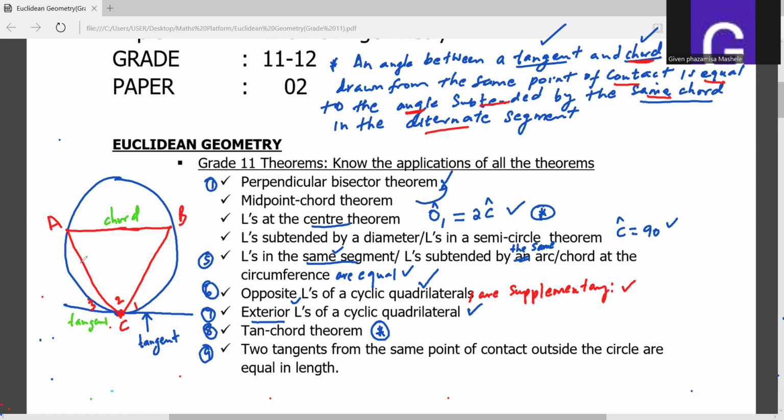Even AC is also a chord. Even BC is also a chord. Let us go through the theorem. It says an angle between a tangent and a chord. Let's trace the angles that are between a tangent and a chord there. Tell me, look at the angles, which angles here are between a tangent and a chord?